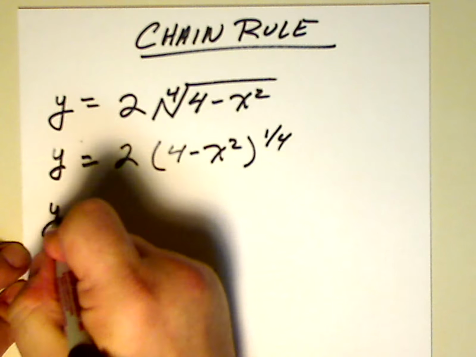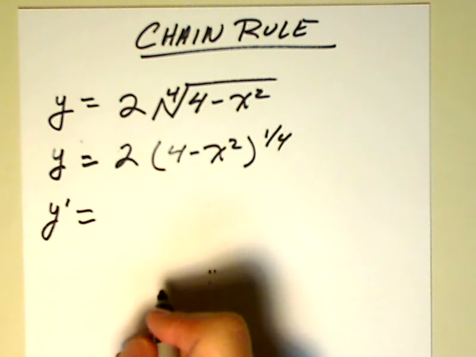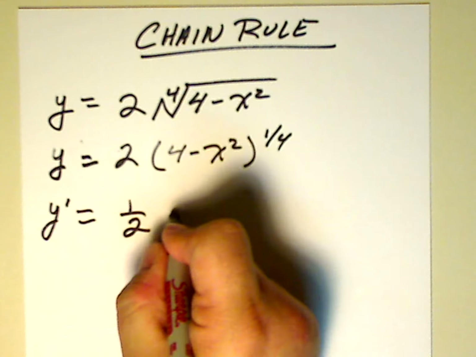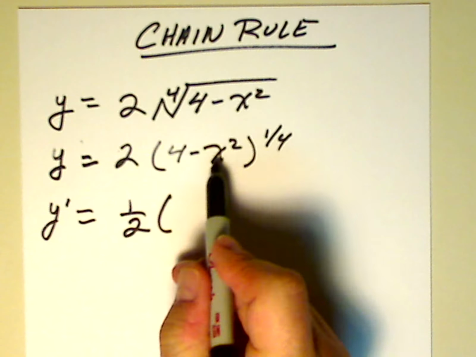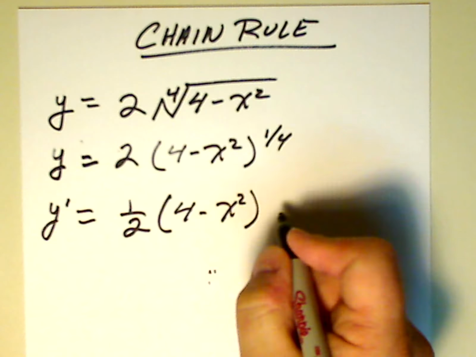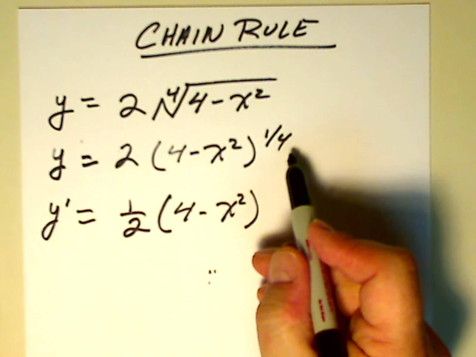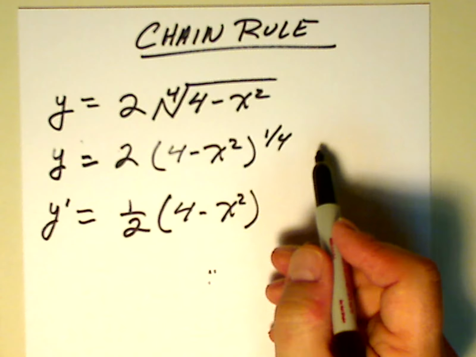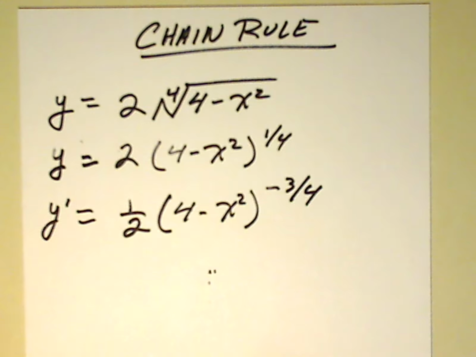Now let's differentiate this thing, y prime. Well, 1/4 times 2 is 2/4, which is equal to 1/2. Now we're just going to rewrite this. We're not going to do anything to the inside term yet: 4 minus x squared. The exponent, remember, we reduce by 1. So 1/4 minus 1 is the same as 1/4 minus 4/4, which is negative 3/4.